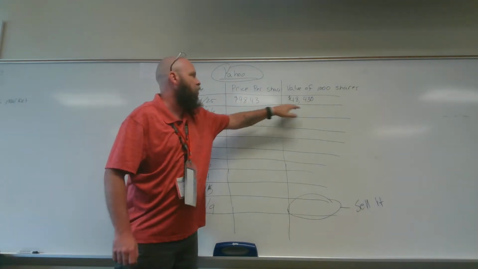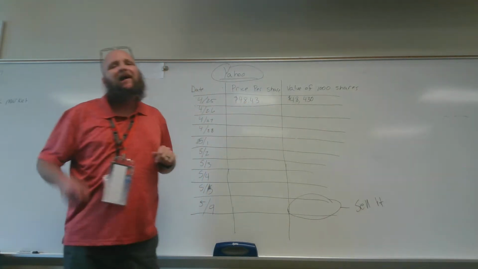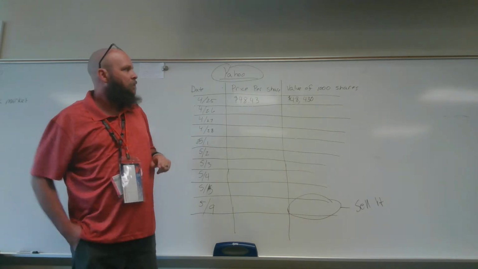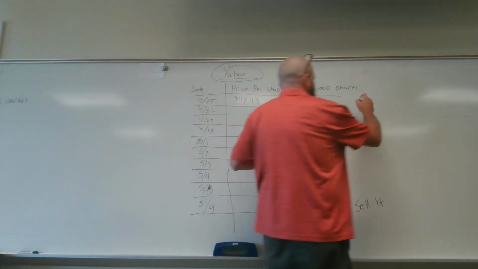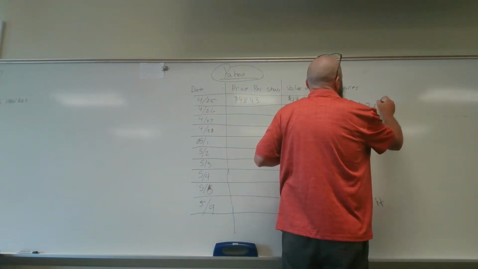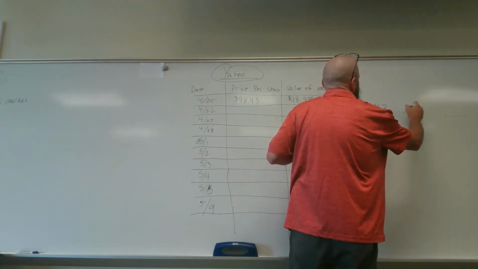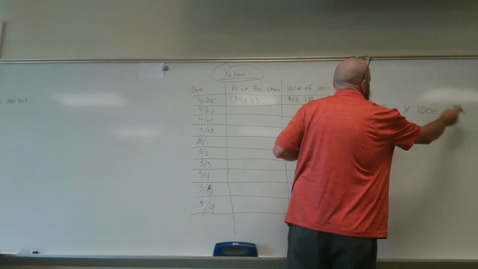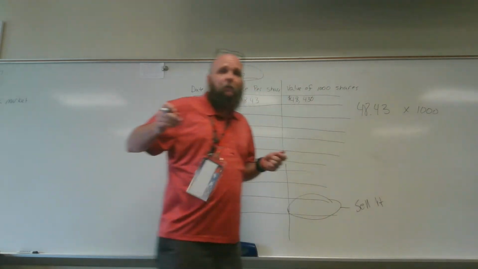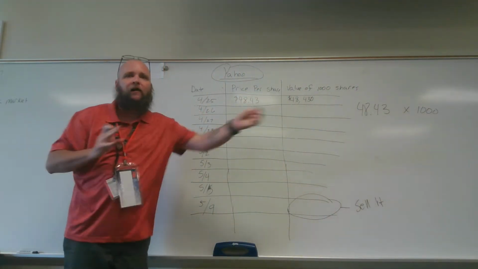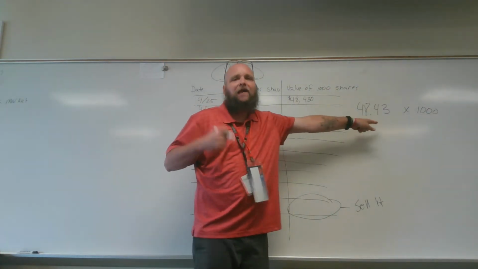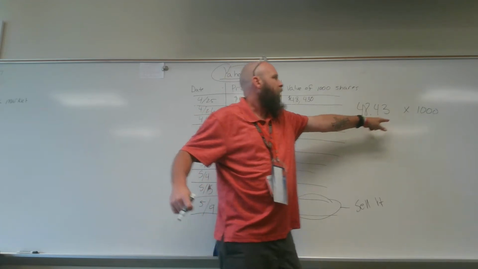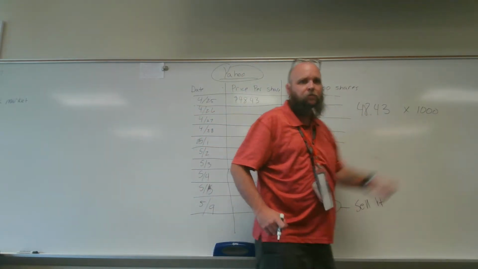This just requires multiplying by 1,000. And when you multiply by 1,000, let's look at this. $48.43 times 1,000. When I'm multiplying by 1,000, I'm making the number greater. 1,000 is a power of 10. It has 3 zeros behind it.